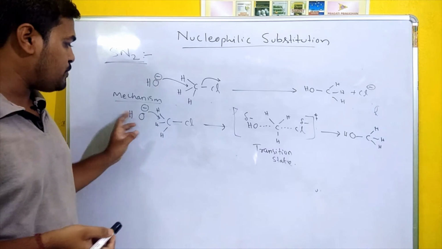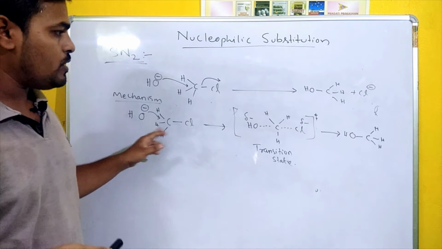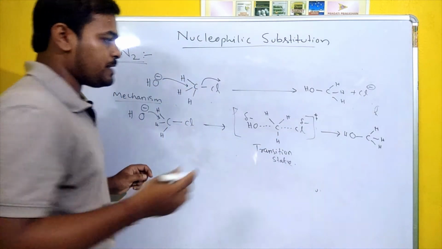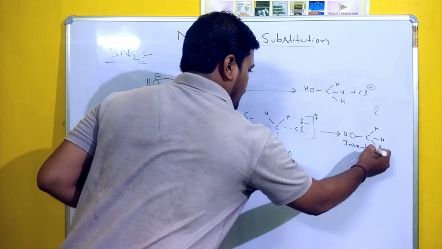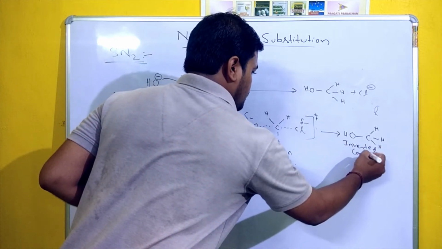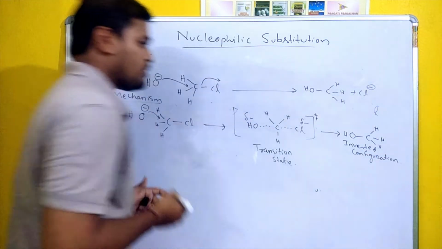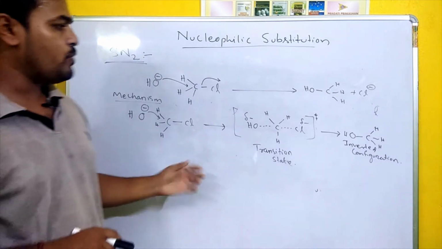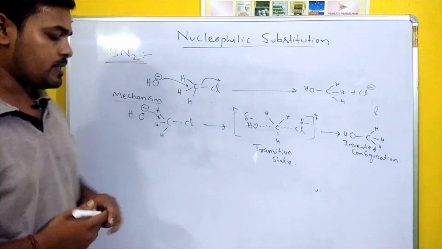If they come through this way, then the hydrogen attached to the carbon goes to this side. So the configuration is inverted. Okay. These are basically the mechanism of the nucleophilic substitution bimolecular reaction.